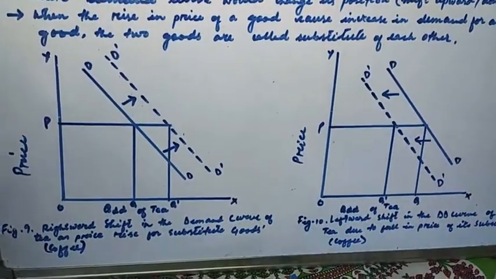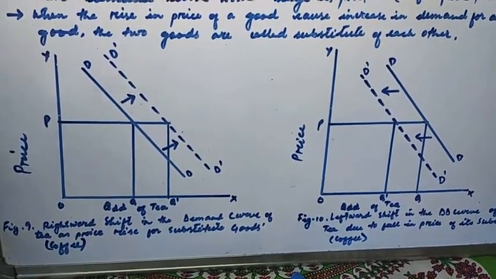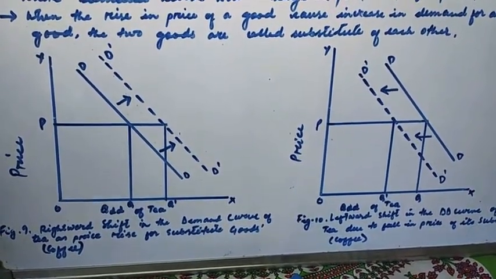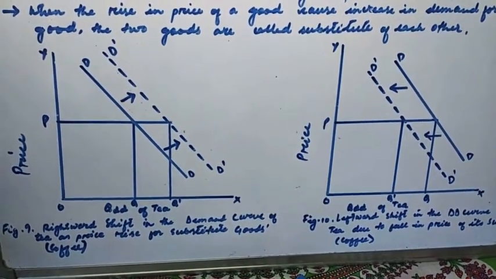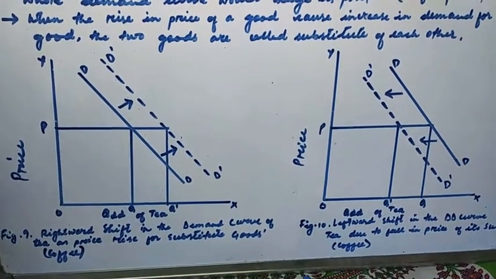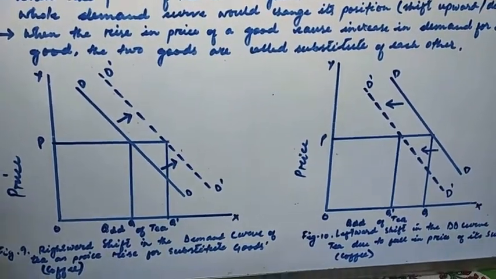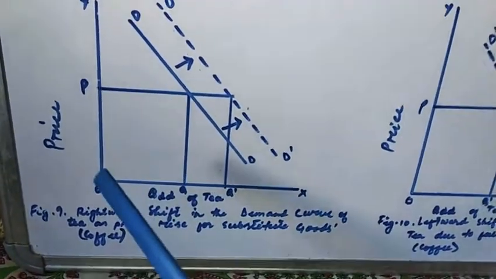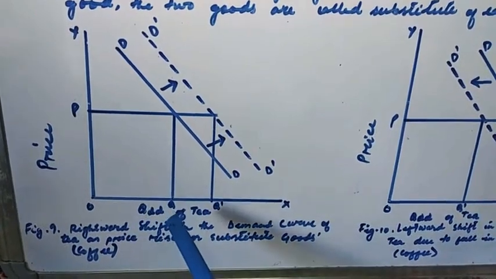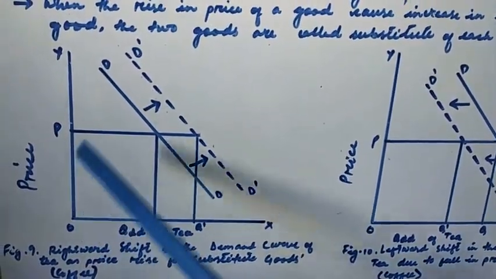So we shall see in detail through the diagram how the demand curve shifts either rightward or leftward when there is a change in the price of a substitute good. We are taking the example of coffee and tea. In figure 9, we are measuring quantity demanded of tea on the x-axis and price on the y-axis.